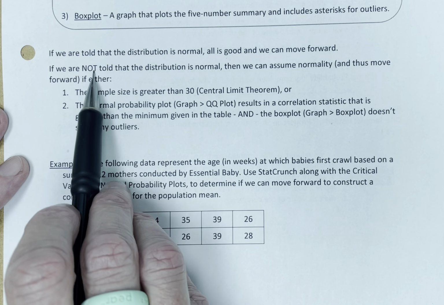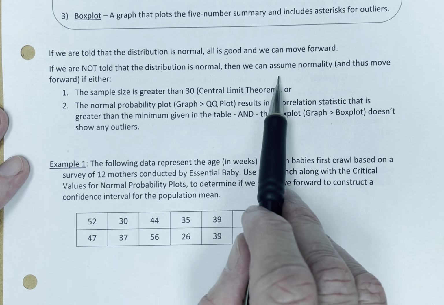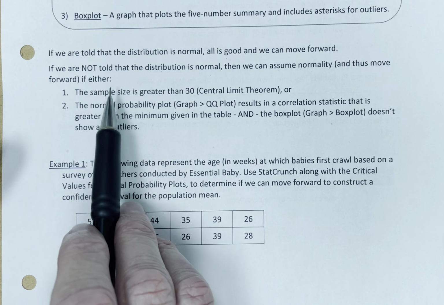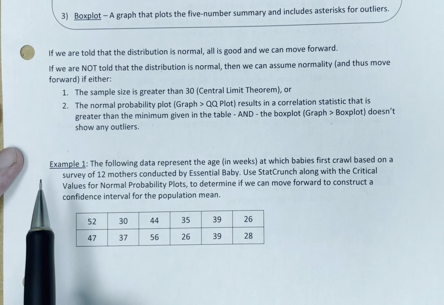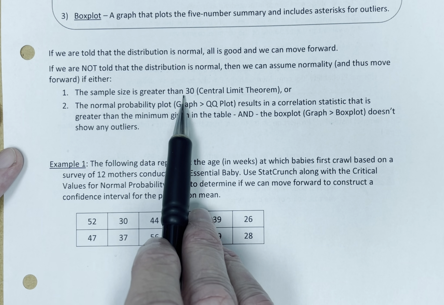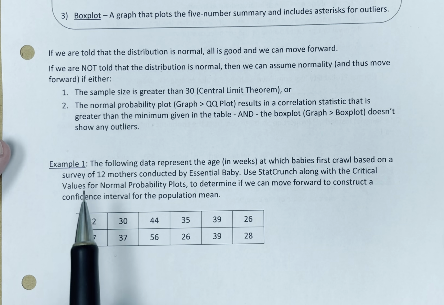If we are not told that the distribution is normal, then we can assume normality and thus move forward as if it's normal if either one or two happens. Either one, the sample size is greater than 30, because that's when the central limit theorem kicks in and we can assume normality.